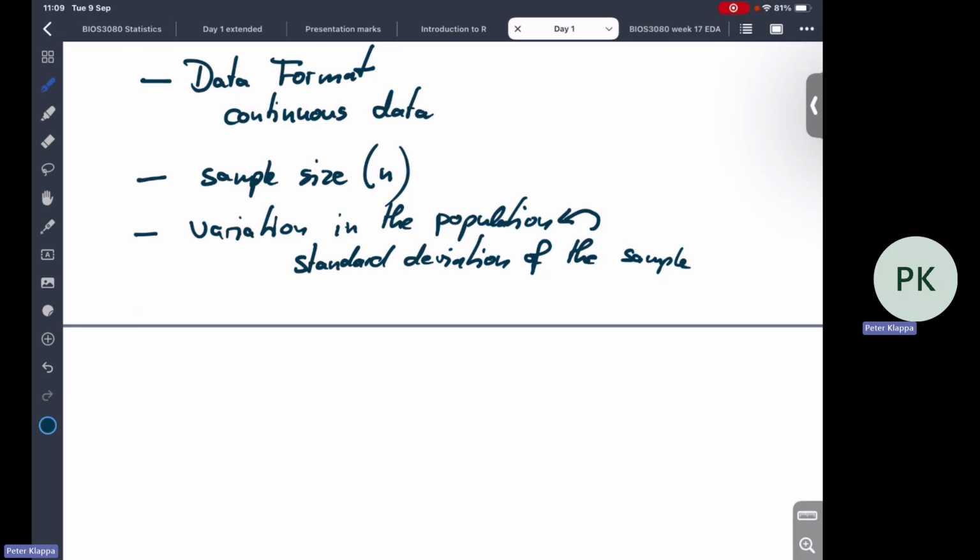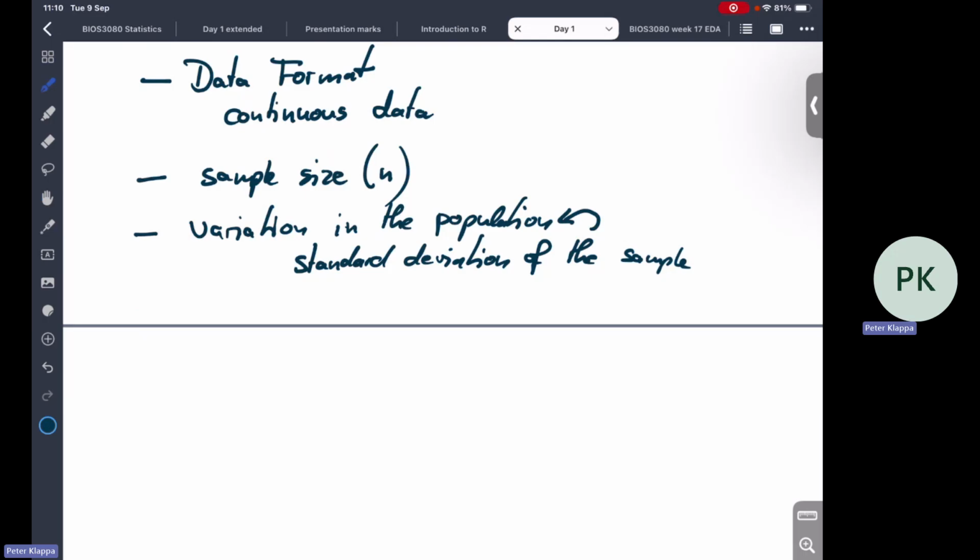Yeah? Now we are doing a guess again. We use a sample statistic in order to guess the true population standard deviation.